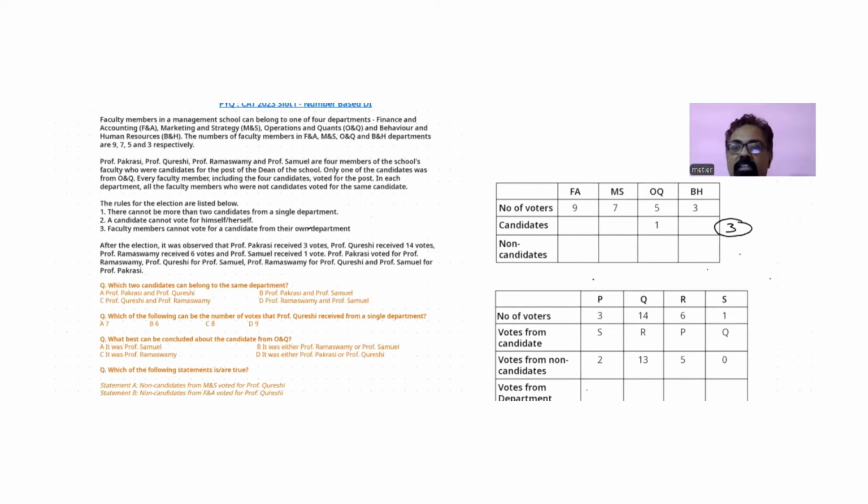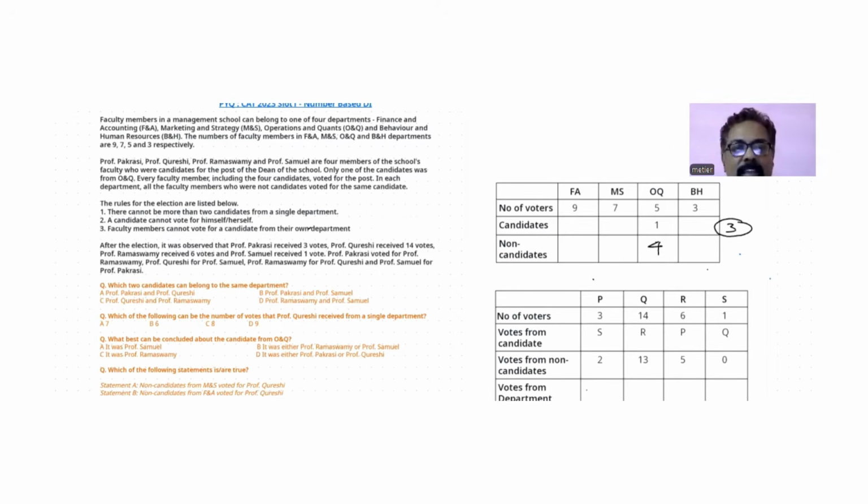Now, let's go with this value. Number of voters in OQ is 5 and we have only 1 candidate in OQ. So the rest 4 voters in OQ are not candidates. Very simple thing. Clear? Okay. Now move forward.